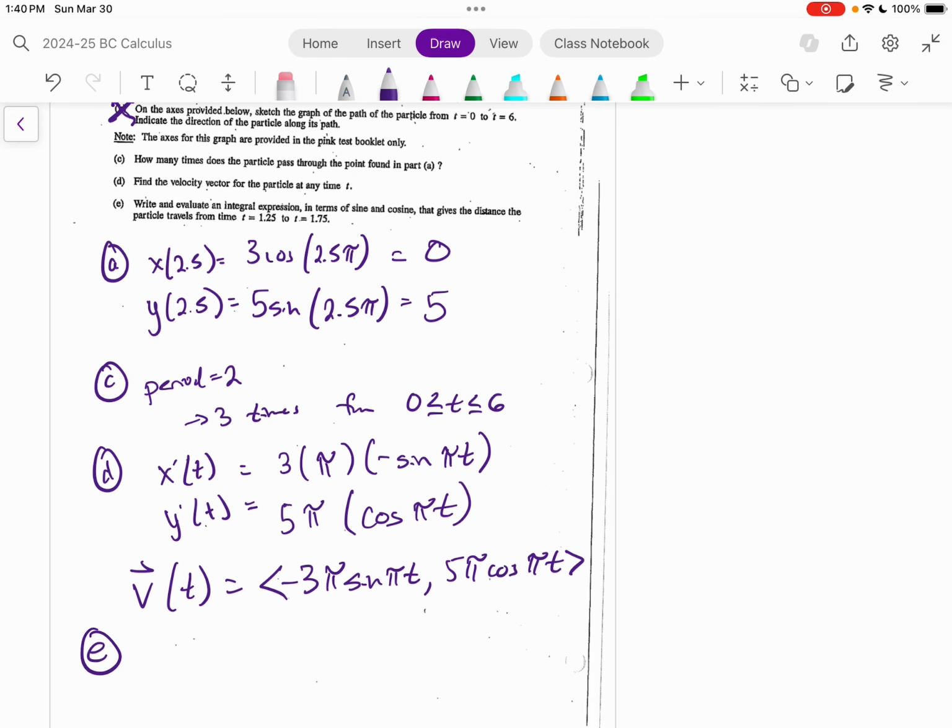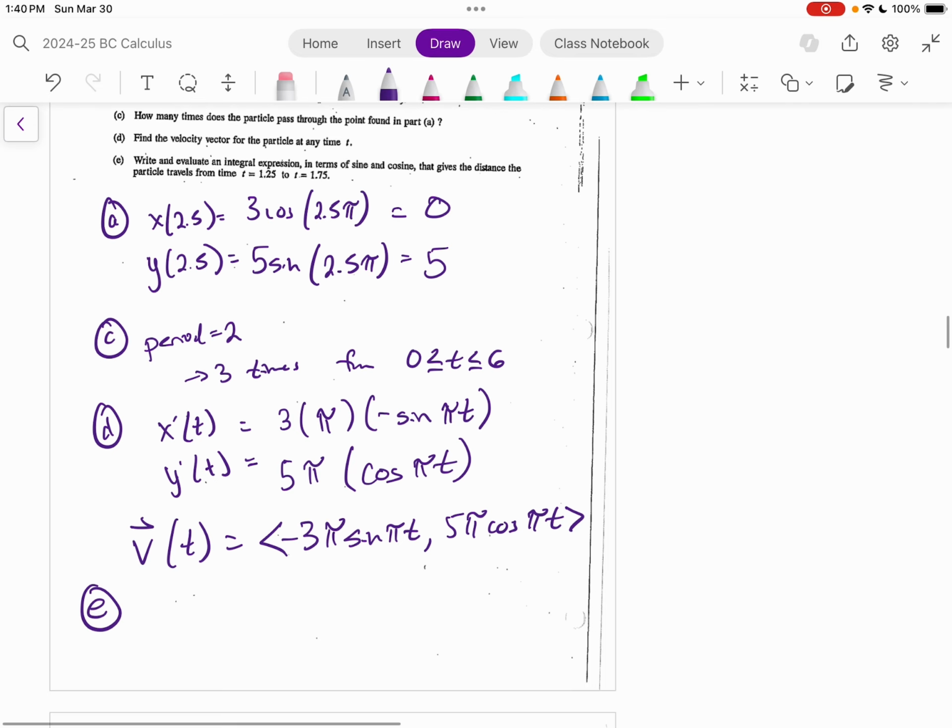And then lastly, write and evaluate an integral expression. Remember, this was a calc problem. In terms of sine and cosine, it gives the distance traveled from this thing to this thing. So that is, again, 1.25 up to 1.75. Those are my bounds.